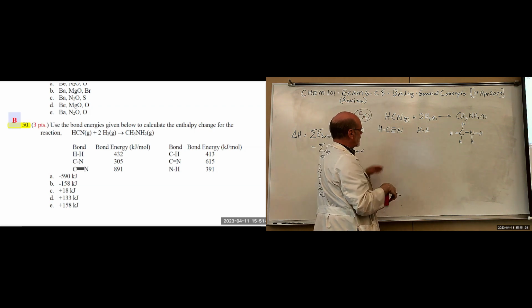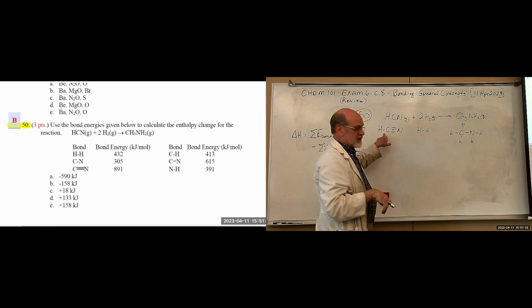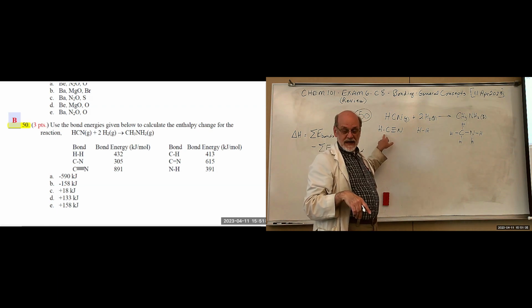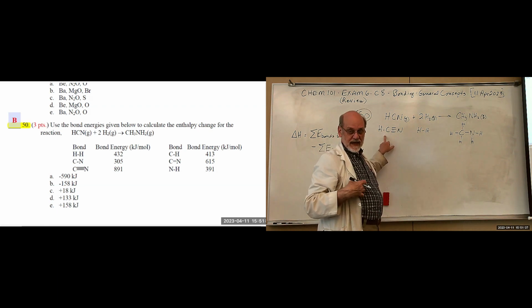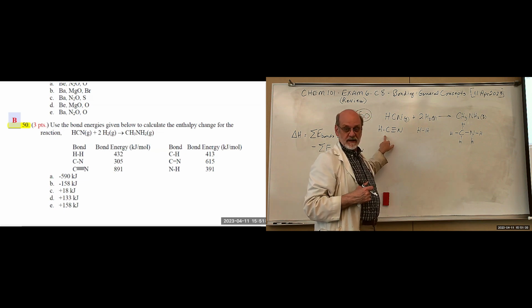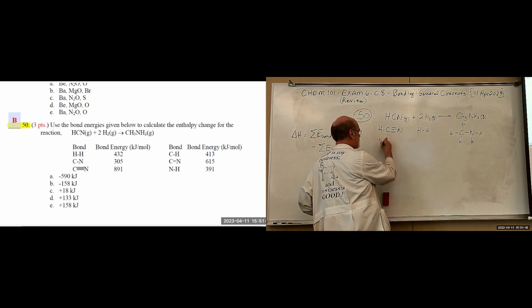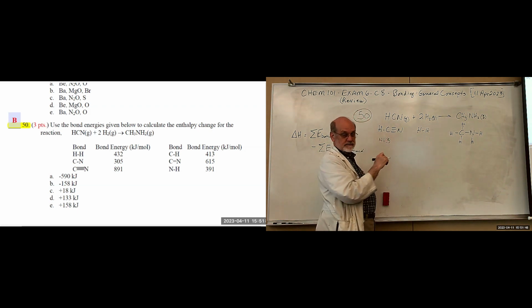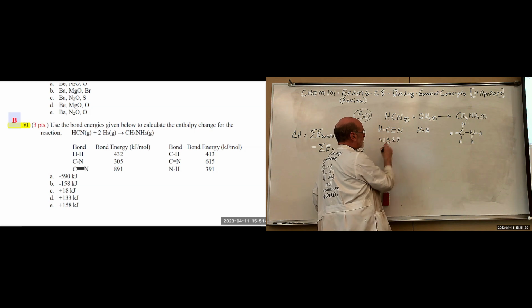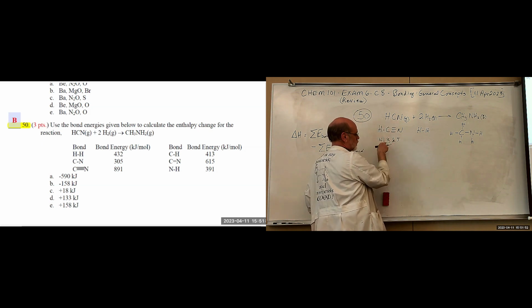So on this side, we have hydrogen and carbon. Hydrogen-carbon is 413 kilojoules, and there's only one of them, so it's 1 mole.